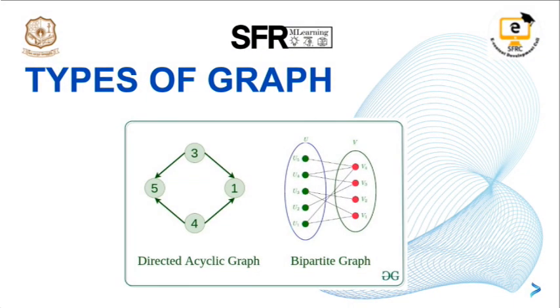The next type is the directed acyclic graph. A directed acyclic graph refers to a graph that has directions but doesn't create any cycle. The last type is bipartite graph. It is a graph in which vertices can be divided into two sets such that vertices in each set do not contain any edge between them.